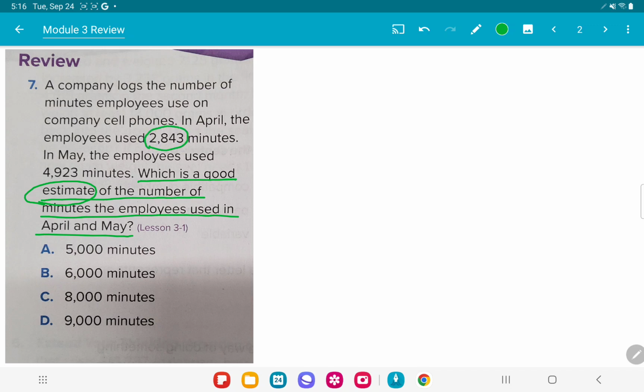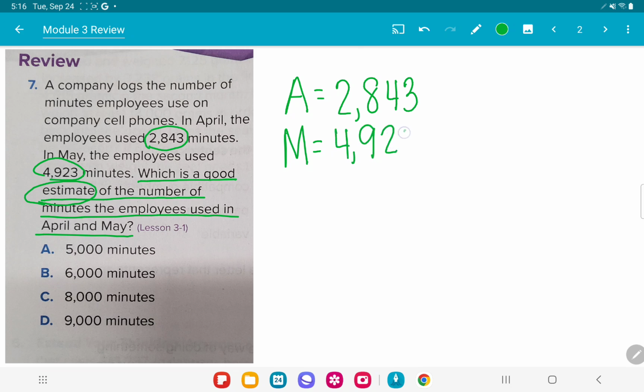So if we use the number of minutes from April, we use an A for April, they used exactly 2,843 minutes. In May, I'll use an M for May. The employees used exactly 4,923 minutes. Remember, it asked us for an estimate, so we don't need an exact number. We just need something that is close.